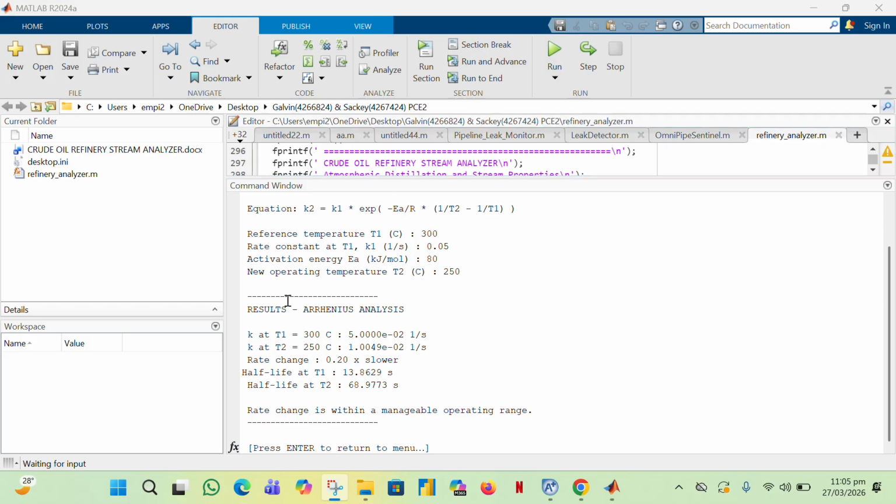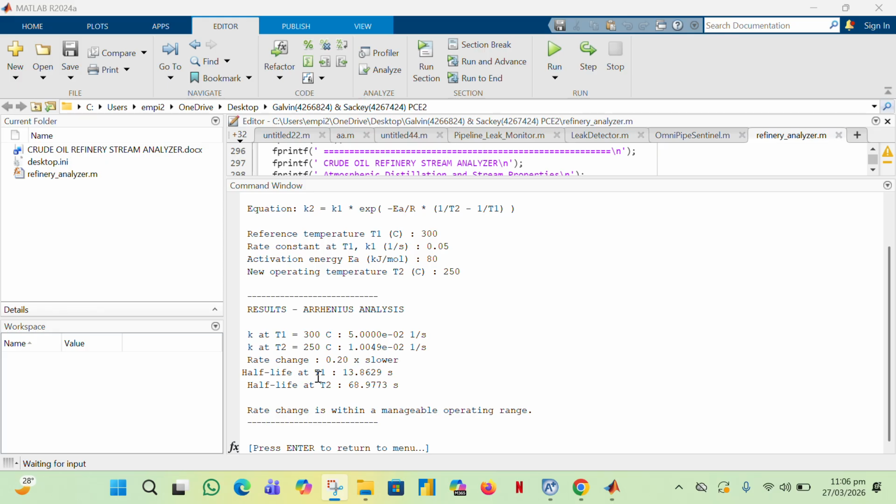So it's telling us that if the reactor is already at 300 degrees Celsius and there's a temperature drop, the reaction is going to be 0.20 times slower. It's also saying that the half-life at T1 is 13.8629 seconds, and the half-life at T2 is 68.977 seconds.